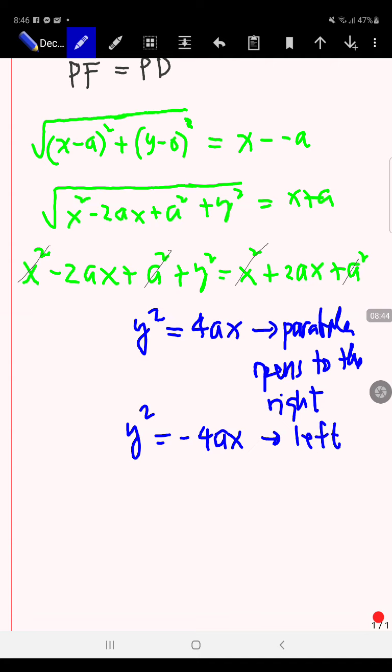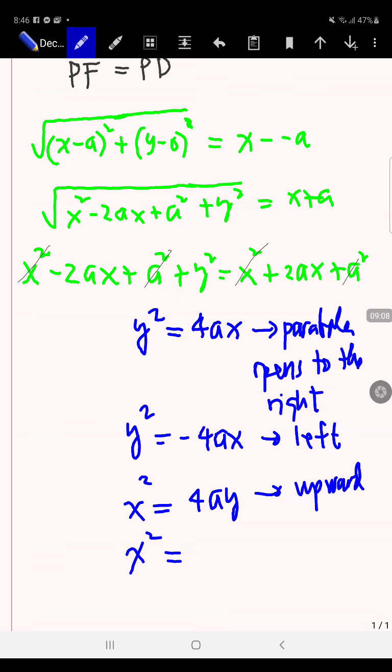If we change axis, when the parabola opens upward, we have the equation x squared equals 4ay. And x squared equals negative 4ay is a parabola that opens downward. So we were now able to derive the equation of a parabola.